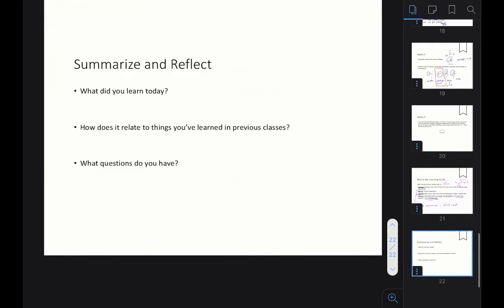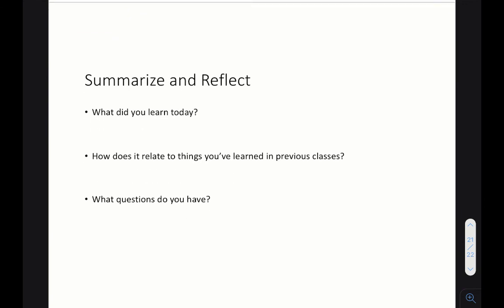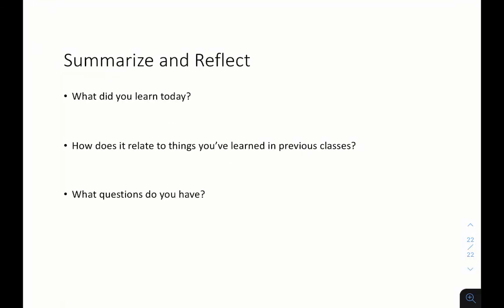It is critical to you learning and retaining this information. Be sure that you summarize and reflect. And I'm sure this class relates to many different things you've learned in previous classes, so this should be a fun question today. If you have any questions remaining, please contact me or please ask your group members. Now it's time to practice.